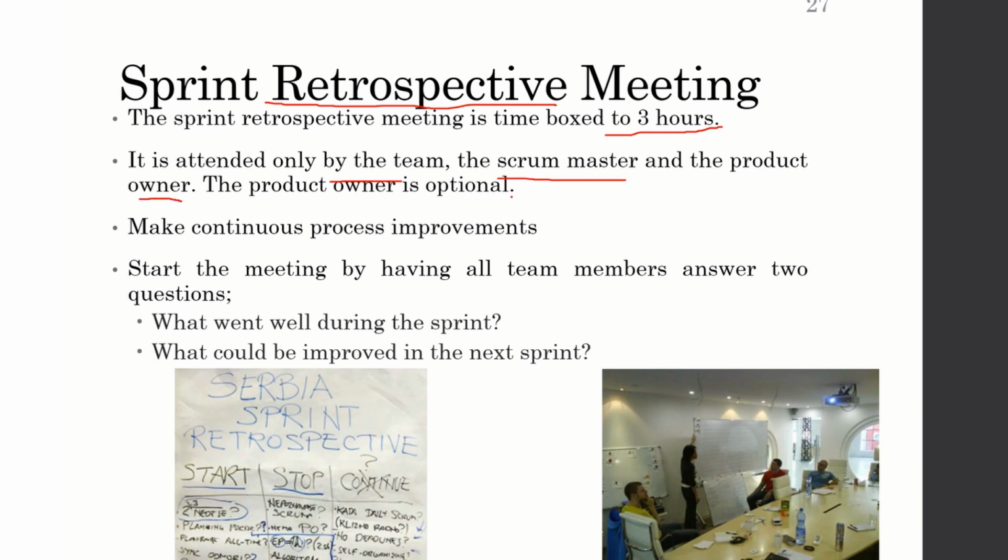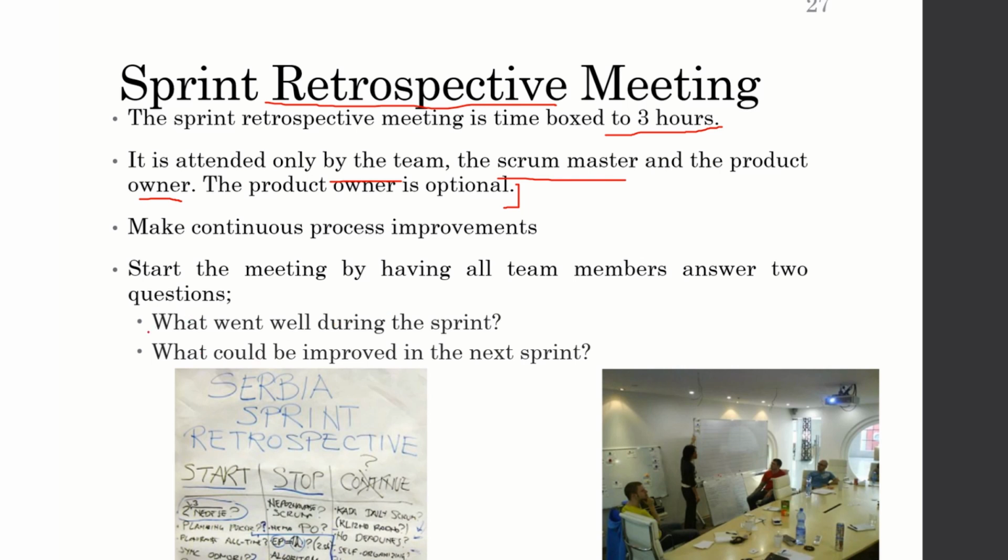The product owner in this case is optional. Also, the focus of this type of meeting is continuous process improvement. And it will start the meeting by having all the team members answer the following 2 questions.